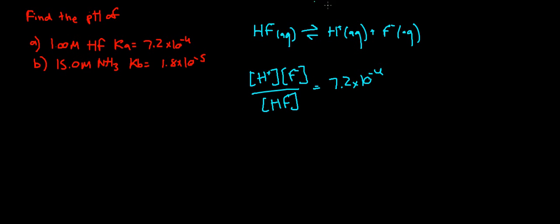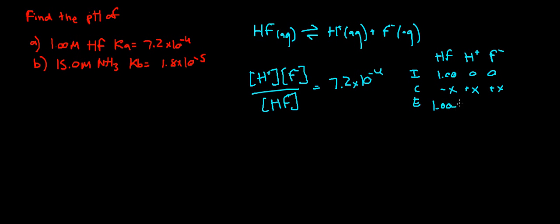So I need to set up an equilibrium problem: initial, change, equilibrium. Initial is 1, 0, 0. Change is minus x, plus x, plus x. Equilibrium, this will be 1 minus x, this will be x, and this will be x.